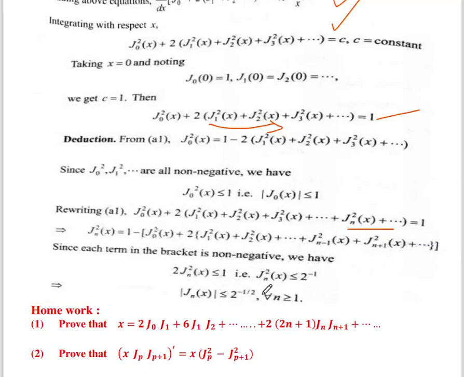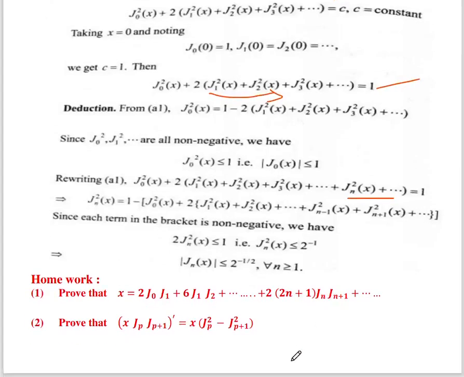Okay, so if you observe, in the bracket each term is non-negative, so therefore we can write 2 times J_n square of x less than or equal to 1. So that is J_n square of x less than or equal to 2 to the power minus 1, transferring this 2 to the right-hand side. So therefore mod J_n of x is less than or equal to 2 to the power minus 1 by 2 for all n greater than or equal to 1. Okay, so this is the second result of problem number 3.